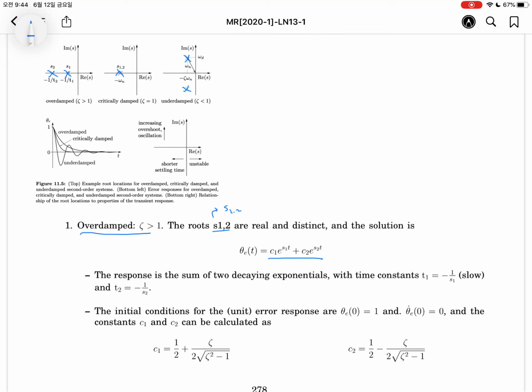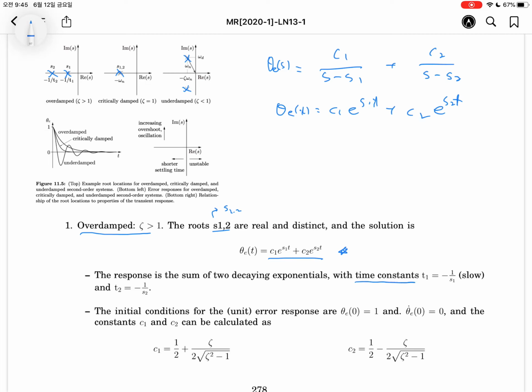If you are good at the Laplace transform, then it is easy, because the previous equation can be decomposed using the partial fraction method. Taking the inverse Laplace transform, e(t) equals c1 e to the s1 t plus c2 e to the s2 t. So we have this equation.